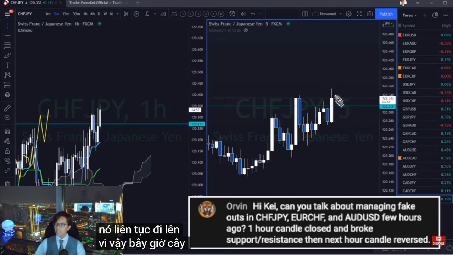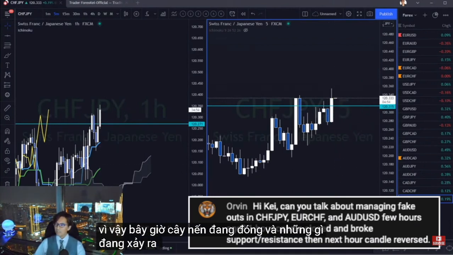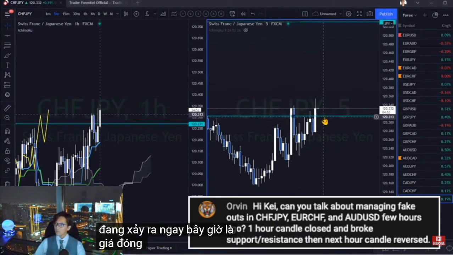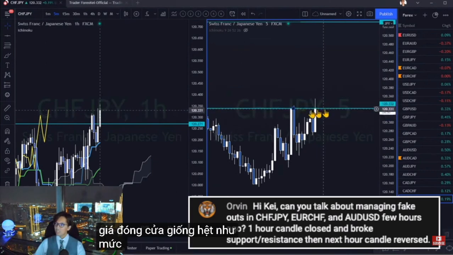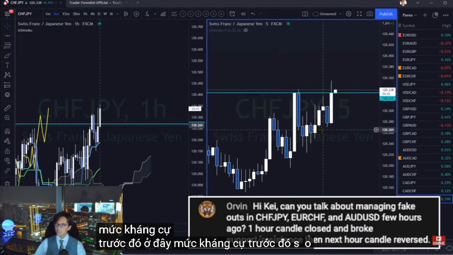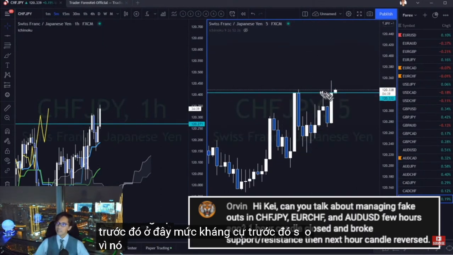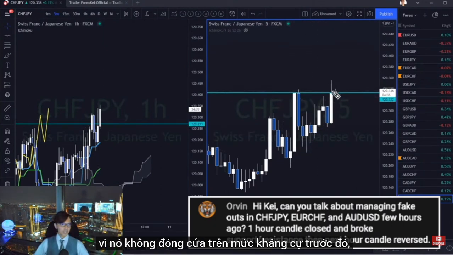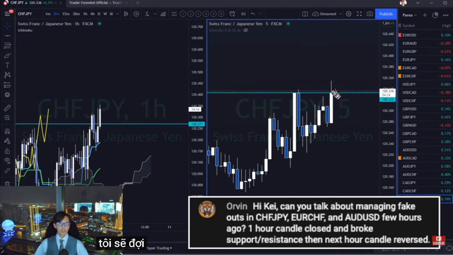So now the candlestick closed, and what's happening is that the close price was exactly the same as the previous resistance here. Since it didn't close above the previous resistance, I would wait for one more candlestick to close.